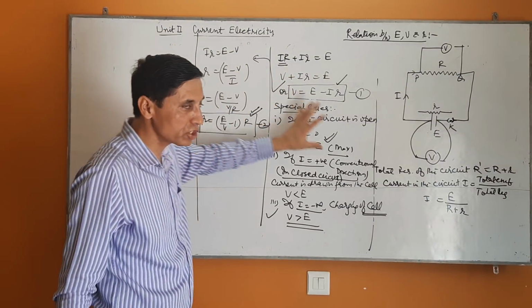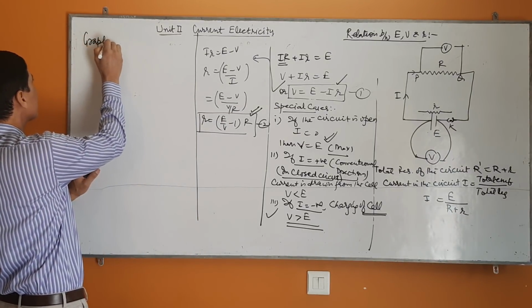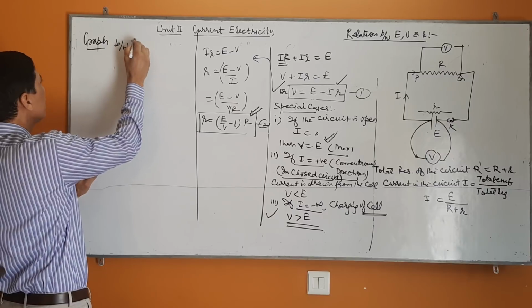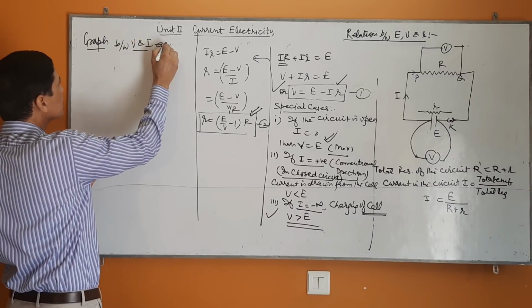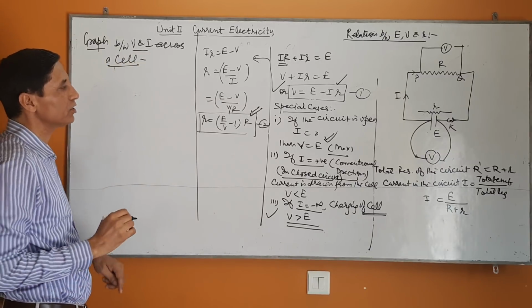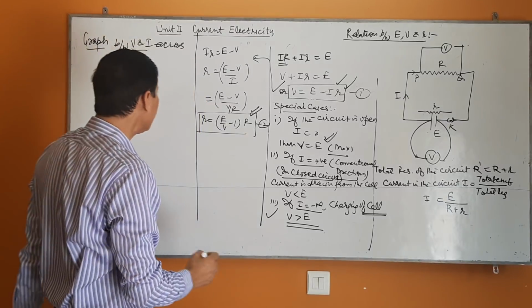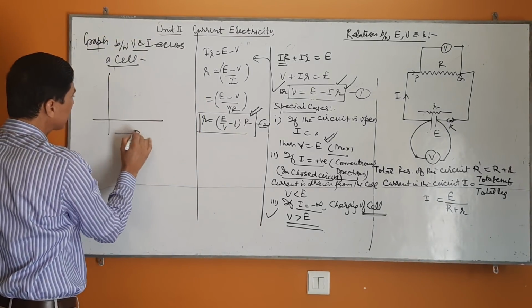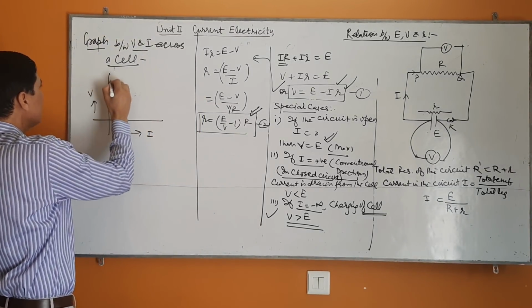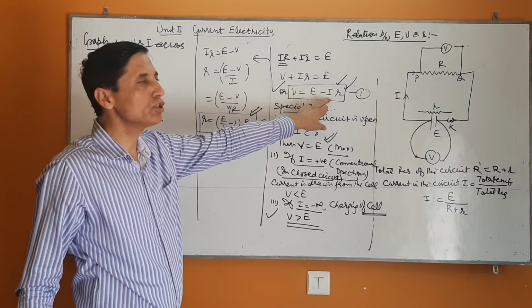Now one more application is there. What is the graph between V and I? If we want to plot a graph between V and I across a cell, V और I में क्या रिलेशन बनेगा अगर सेल के केस में लेंगे, get this relation. देखिए, on this axis I, on this axis V, it is the relation. Why this is the relation? Initially I is equal to 0.